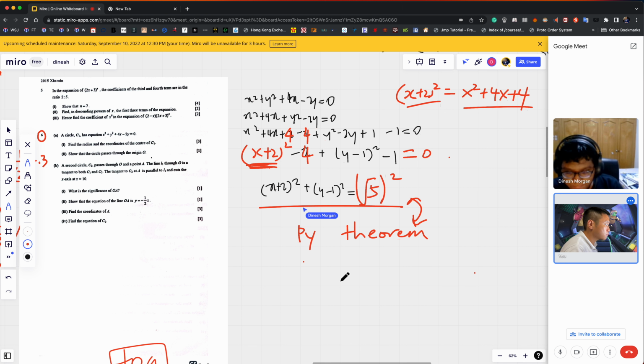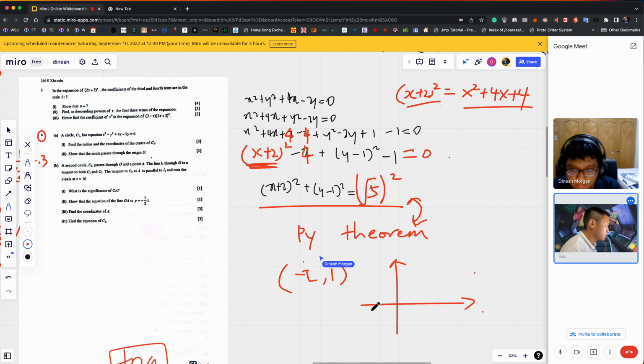This one is minus 2 and 1, right? That's the center. Then this one is your square root 5.